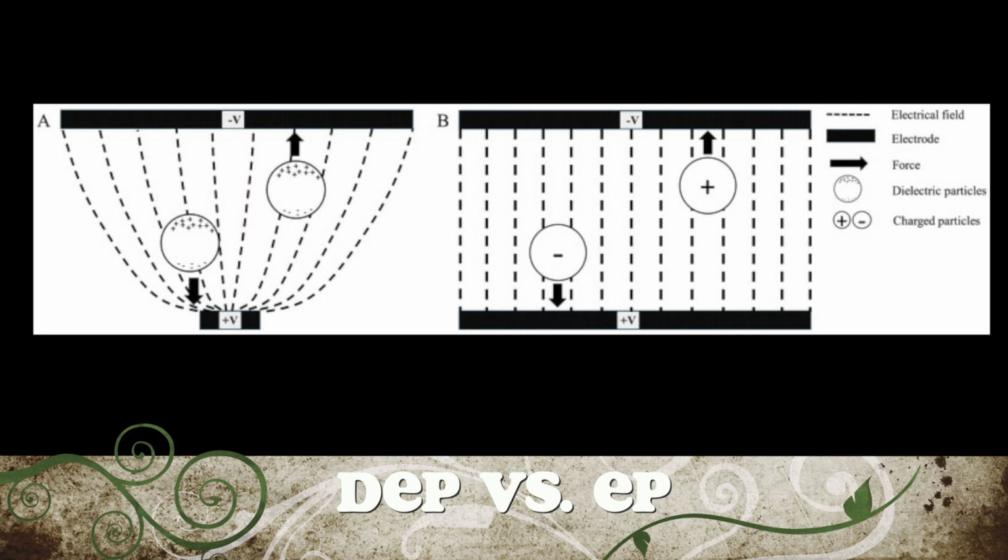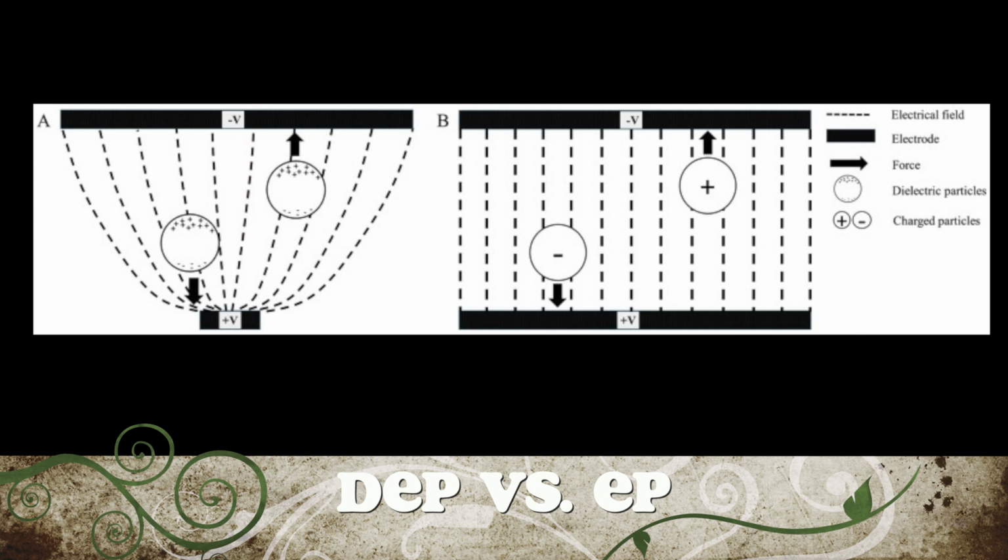So the DEP technique, the dielectrophoresis technique, manipulates particles in a non-uniform electric field, while in electrophoresis, the particles respond to the uniform direct current DC voltage to energize the electrode and attract the particles. So the movement of particles in dielectrophoresis is based on the difference in polarizability between the particles and the surrounding medium.